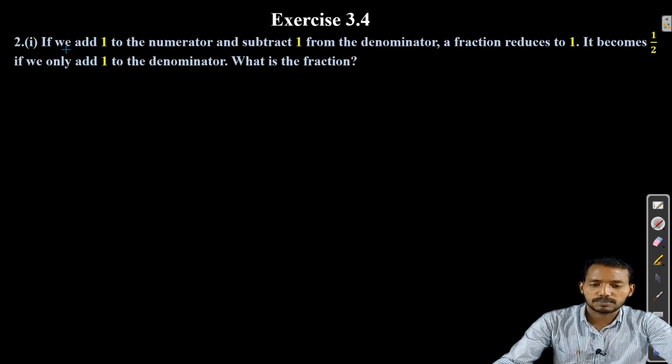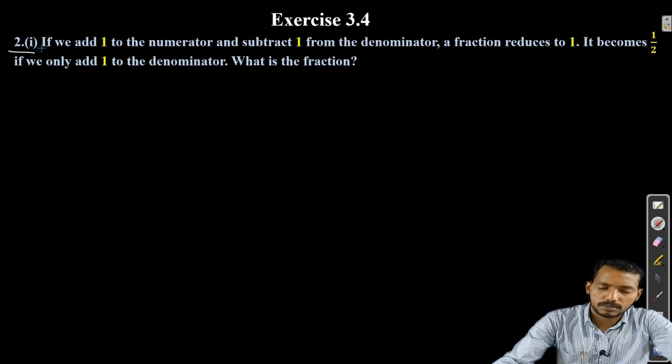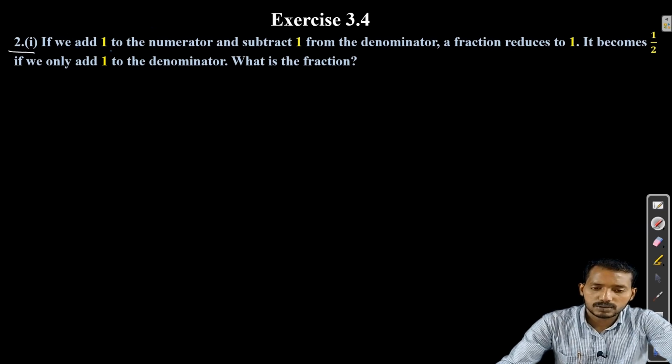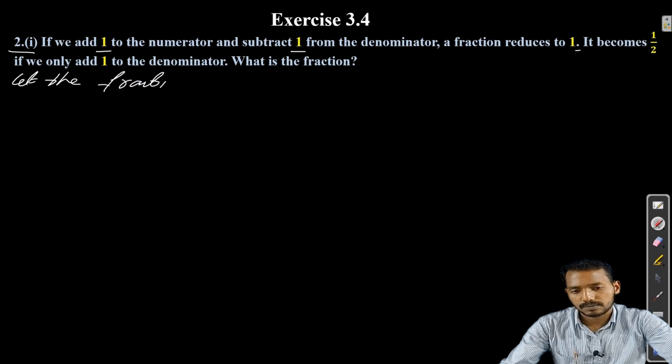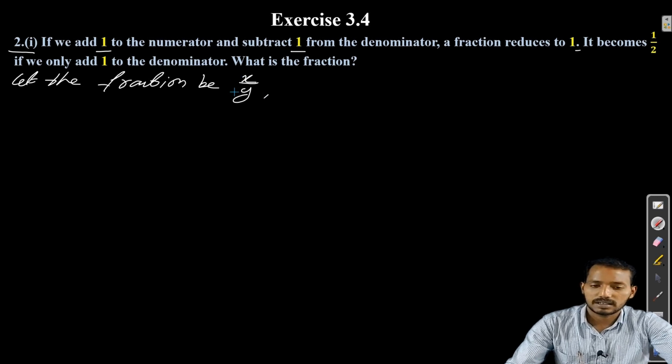Let's discuss some word problems. Question number 2, option number 1. If we add 1 to the numerator and subtract 1 from the denominator, a fraction reduces to 1, and it becomes 1 by 2 if we only add 1 to the denominator. What is the fraction? First, let the fraction be x by y. x is the numerator and y is the denominator.